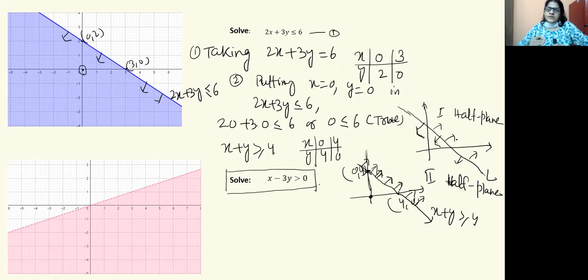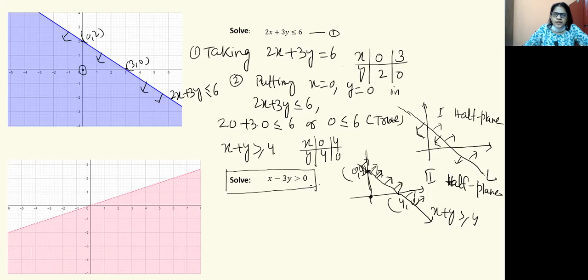If origin doesn't satisfy the inequation, or you get the result false by putting x 0, y 0, it means the solution will be away from origin. Is it clear? Second case, solve x minus 3y greater than 0.